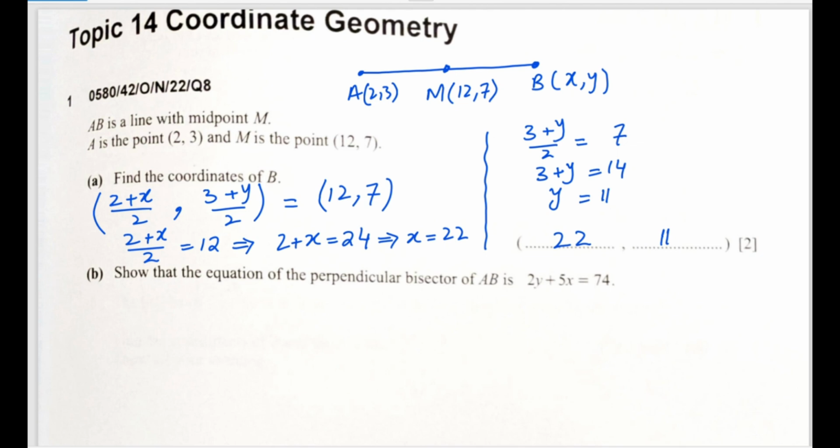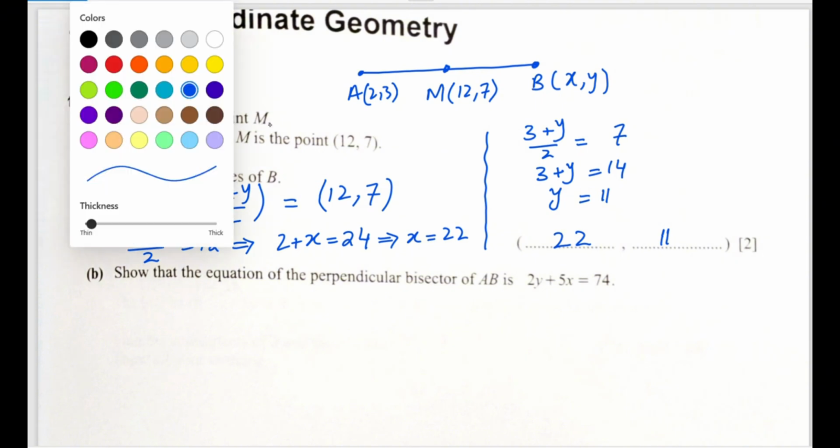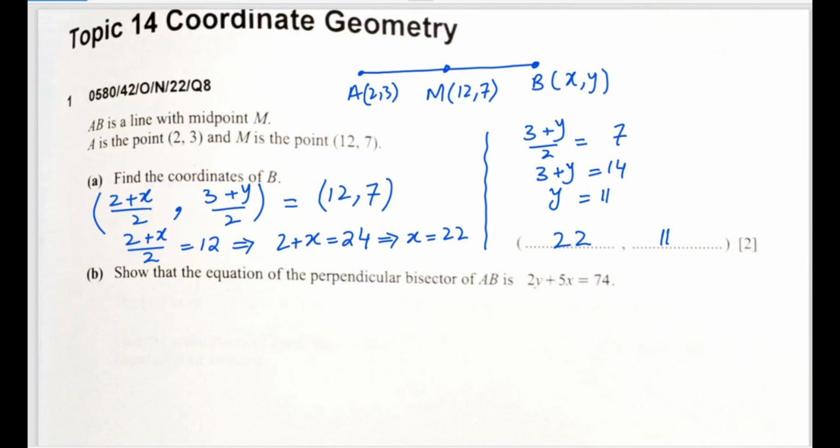Now show that the equation of the perpendicular bisector of AB is 2y plus 5x equal to 74. So the perpendicular bisector is actually the line which cuts the line AB into two equal parts. And we have to find the equation of that red line, whose one coordinate point is given here, which is the midpoint (12, 7).